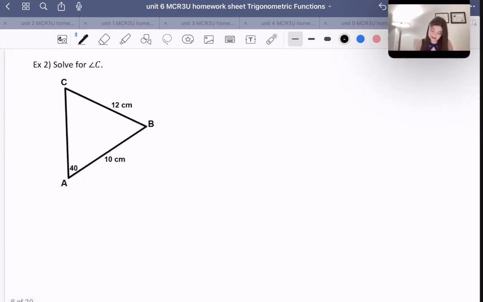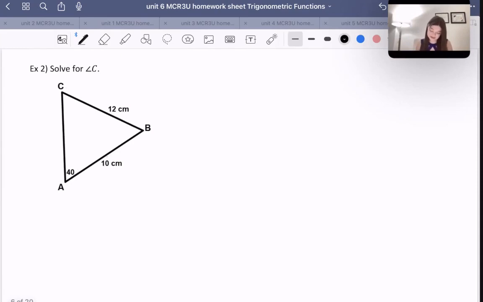This one says solve for angle C. So what are we given? We're given a side-angle pairing: 40 and 12. And then we're given 10, and we're asked to find the angle C, this angle over here. So let's do it.